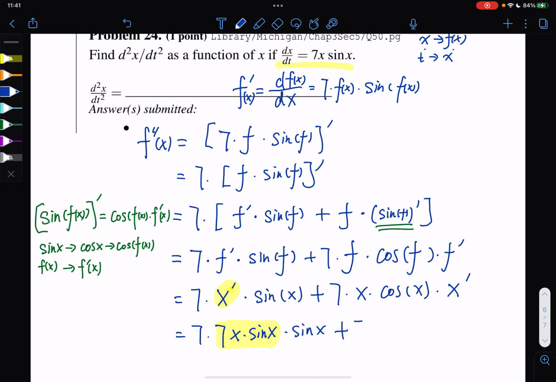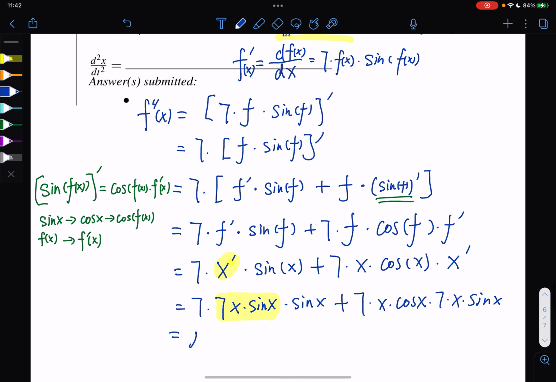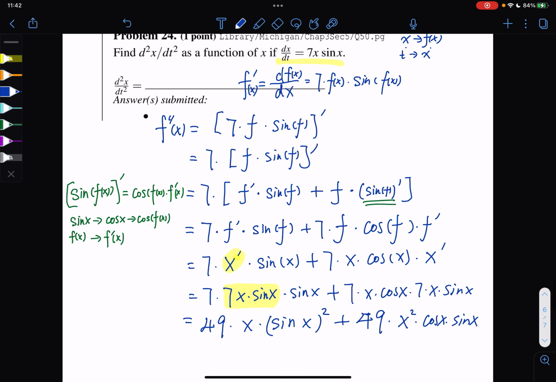And therefore, I have 7x cosine of x times 7x sine x. You could simplify it a little bit if you want to, but it's not required. So this is what we end up with as the final answer, right?